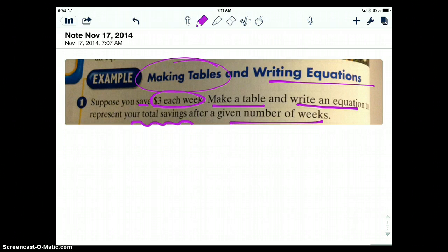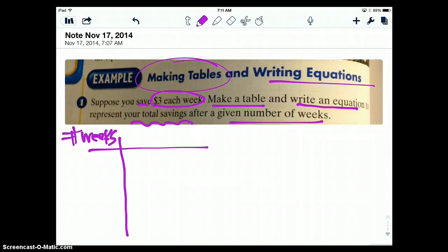Okay, so let's start right in. Just go ahead and make a table. So in our T-chart table, we're going to have the number of weeks. So we're initially starting at where we are right now with our total savings at 0.